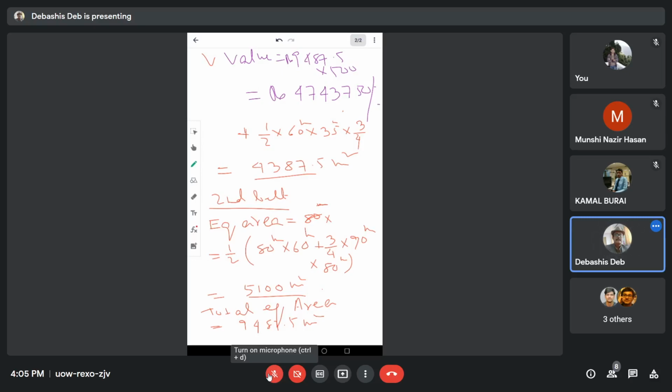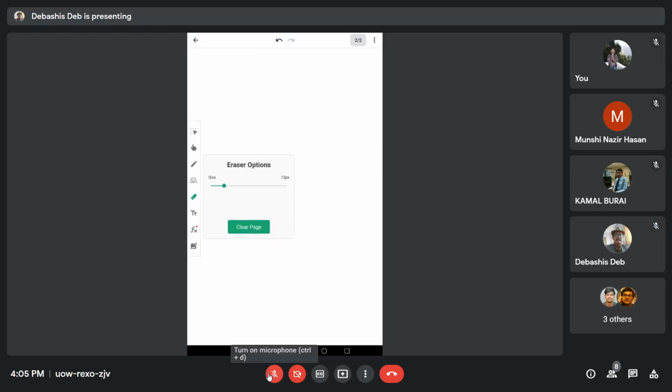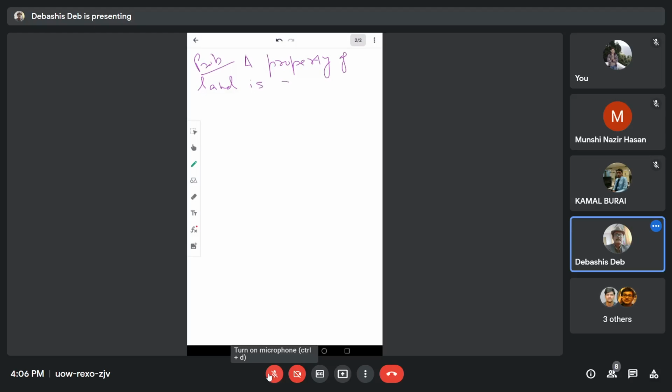Now third problem. Write down. A property of land is shown in figure.